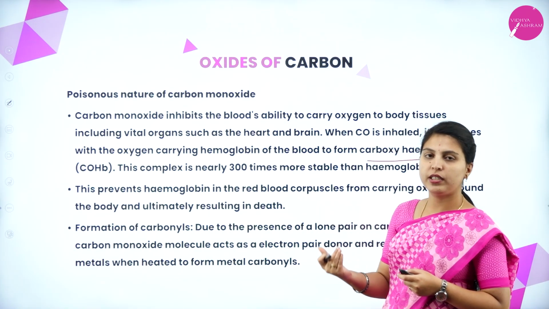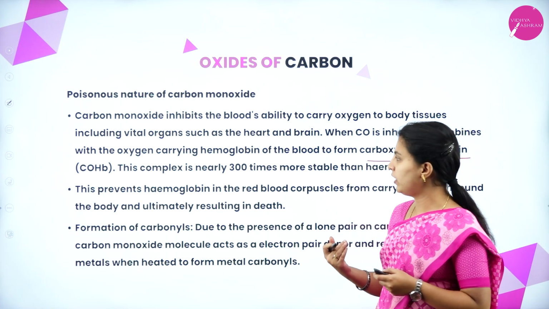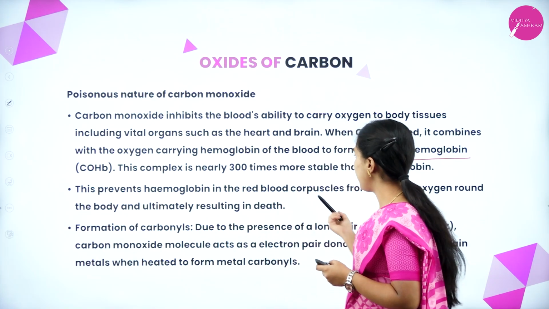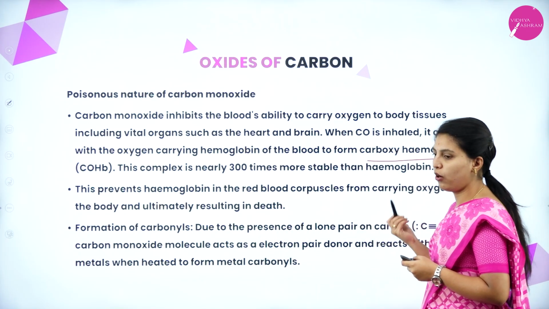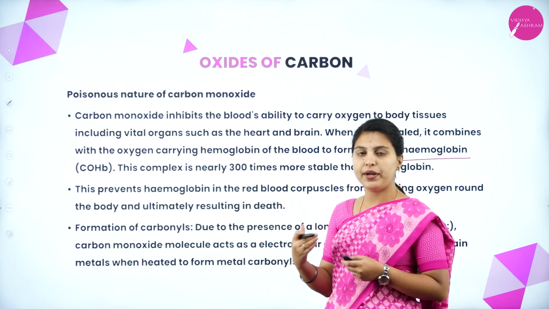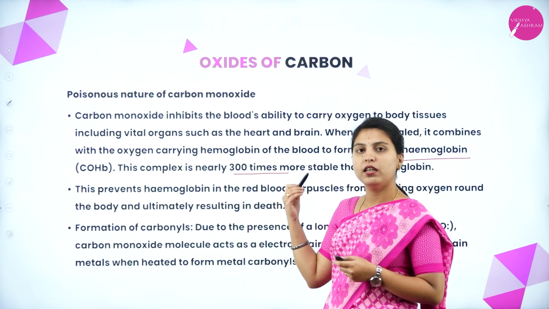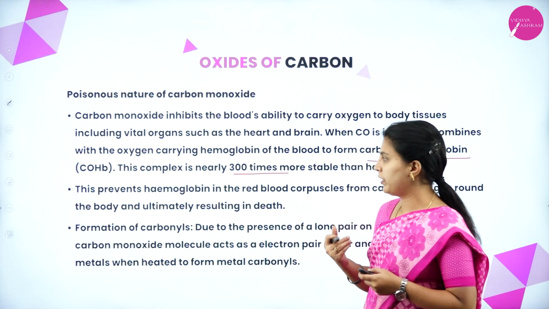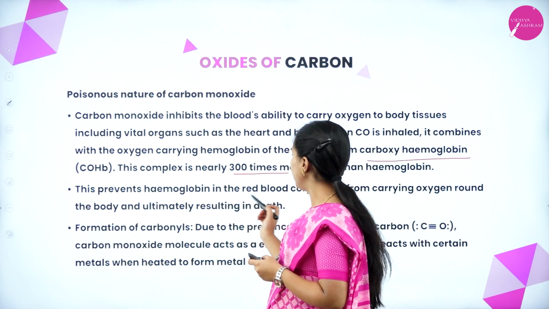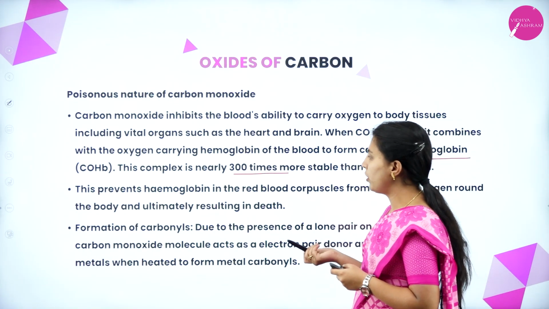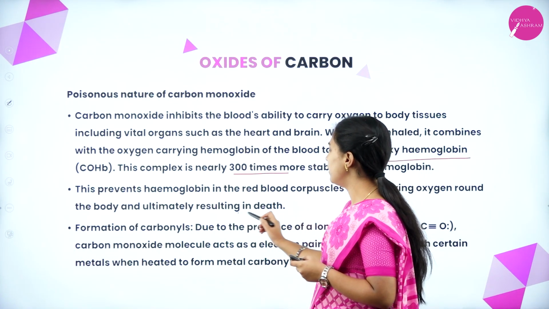On reacting with hemoglobin, it will form carboxyhemoglobin. This complex is nearly 300 times more stable than oxyhemoglobin. That is why it is very toxic, being 300 times more stable than hemoglobin. This prevents hemoglobin in the red blood corpuscles from carrying oxygen around in the body, ultimately resulting in death.